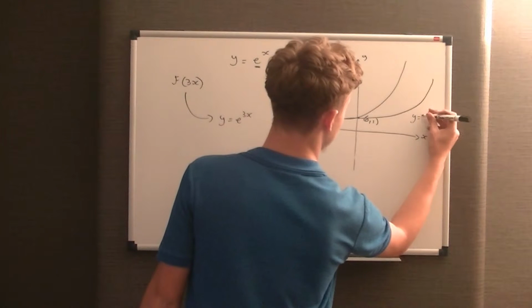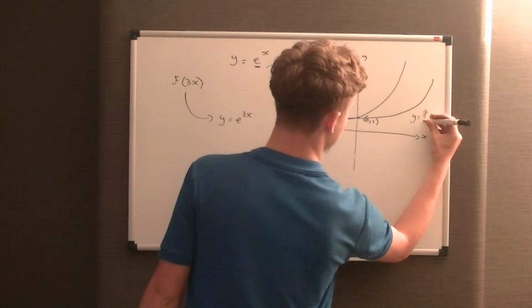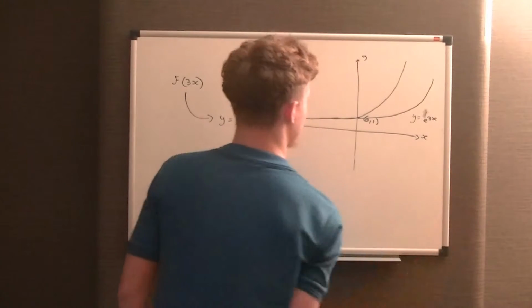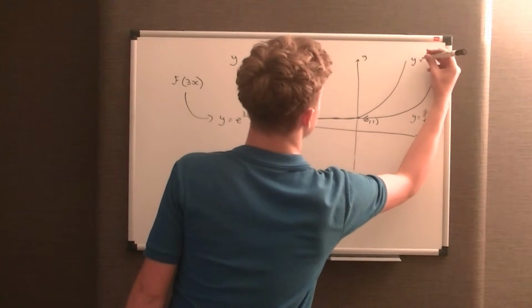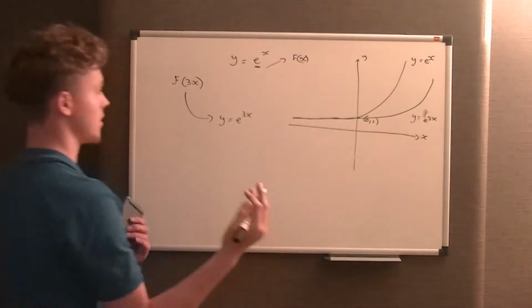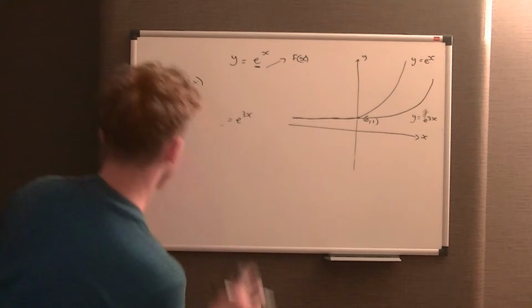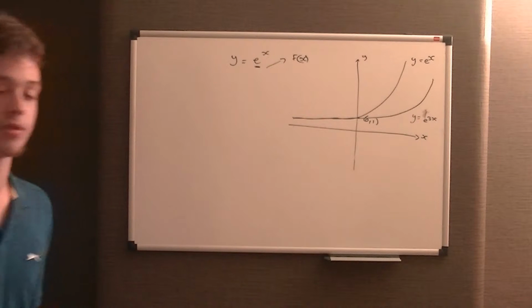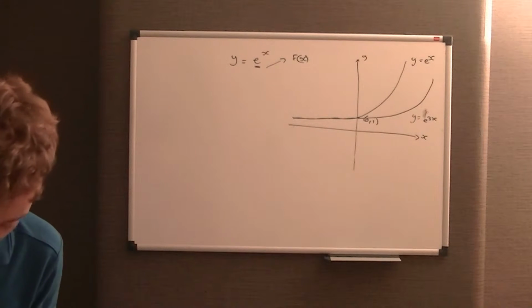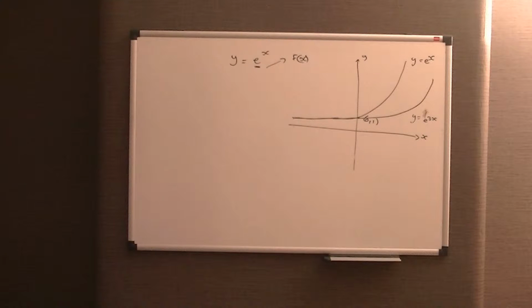So that would be y equals e to the power 3x, and we just use our standard C1 transformations of graphs in that explanation.